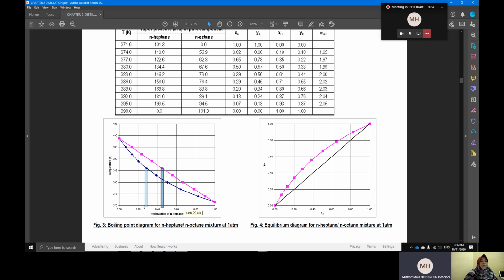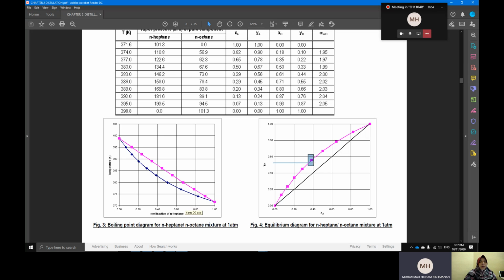Tapi dalam equilibrium curve, dia combine jadi satu koordinat lengkap. Maksudnya paksi X, the X coordinate, X axis adalah X values, and then y-axis represent y value.